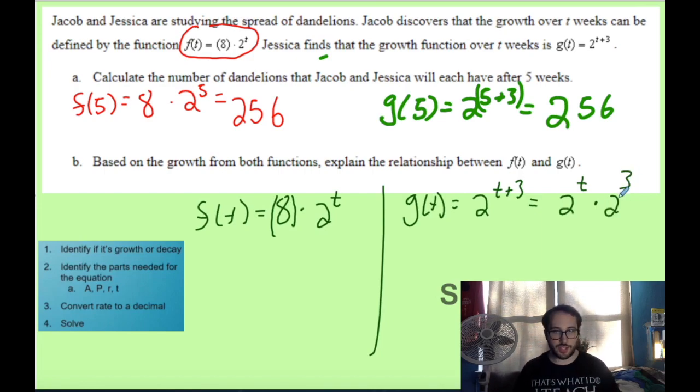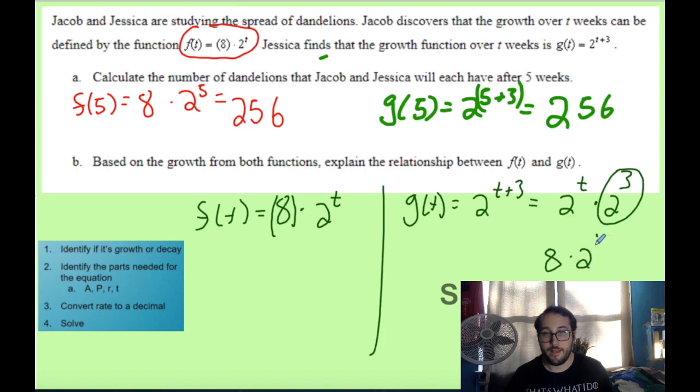But let me ask you, what is 2 to the third power? 2 times 2 times 2. 2 times 2 is 4. 4 times 2 is 8. So this becomes 8. I can't do anything with my 2 to the t power, so I'm going to rewrite it down here. Okay? And this happens to be another way that you can write g of t.